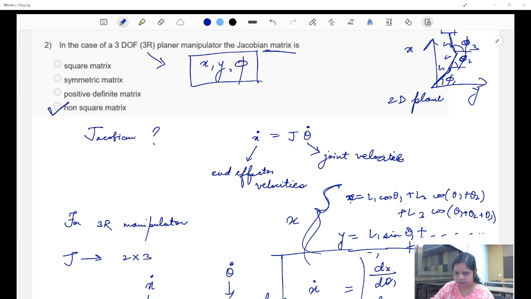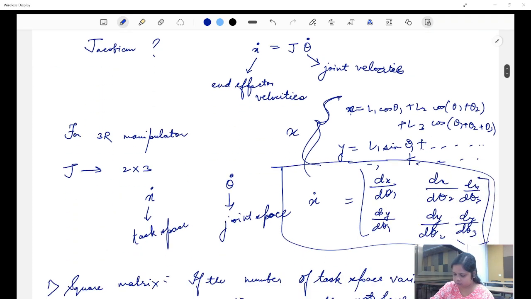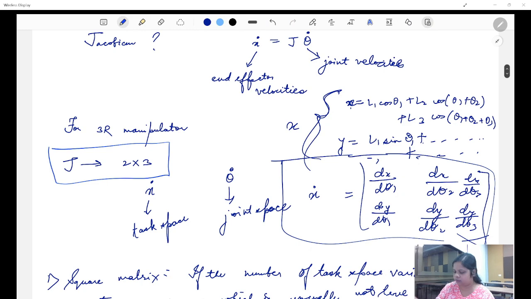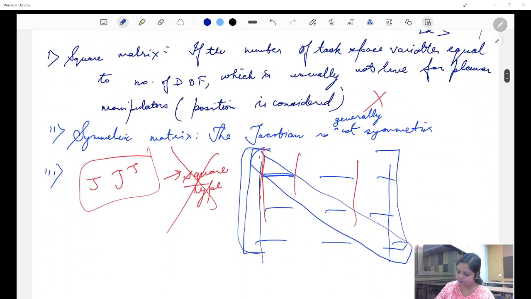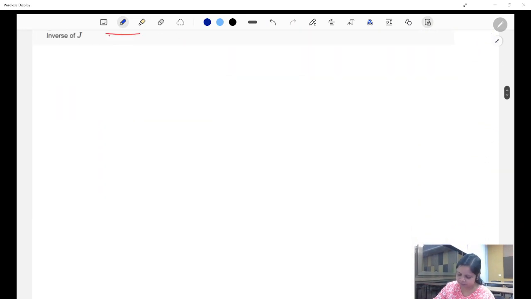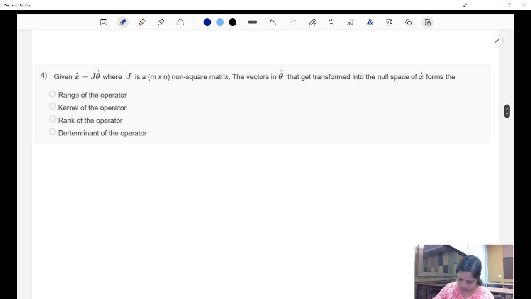Yeah, excluding the orientation of the end effector. Okay, ma'am. That is why we wrote 2 by 3 here. We excluded that. Okay.